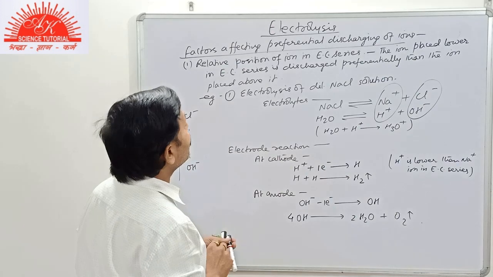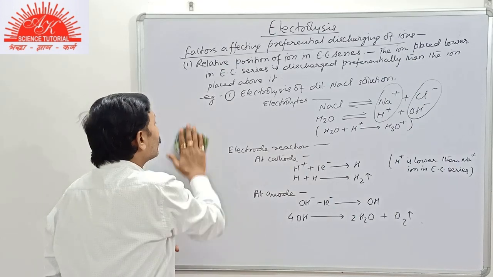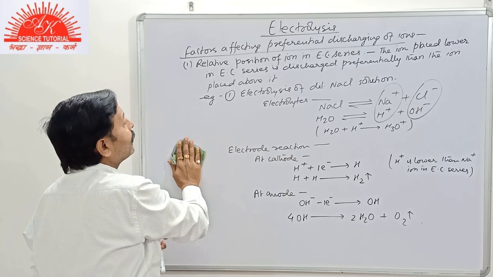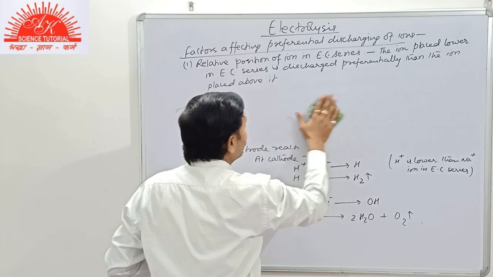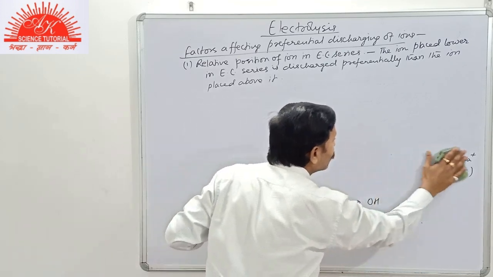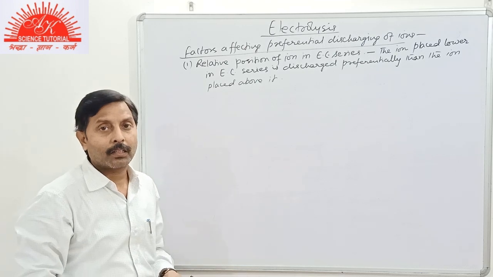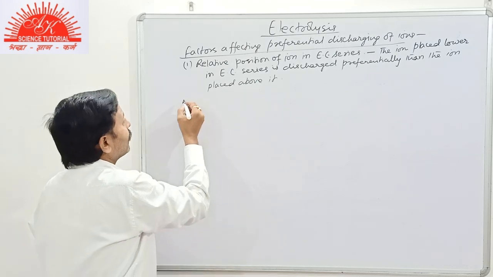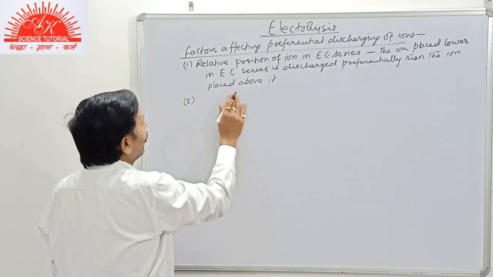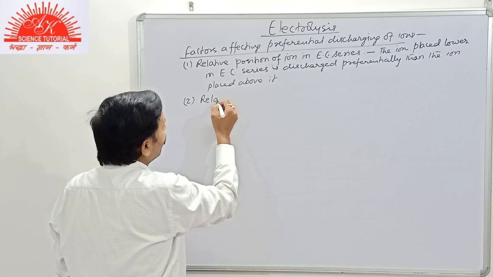So when we consider more than one cation or anion, the ion which is placed lower in the electrochemical series will be discharged first. Clear, students? Now, the second factor is the relative concentration of ions.